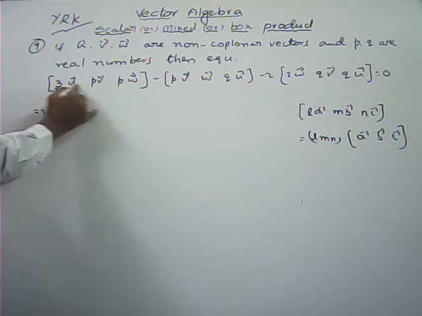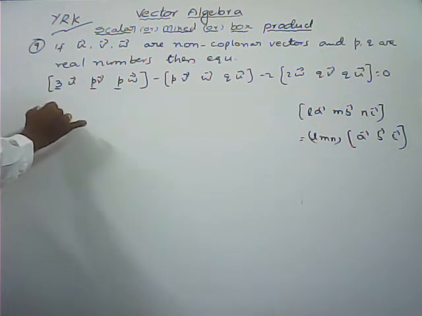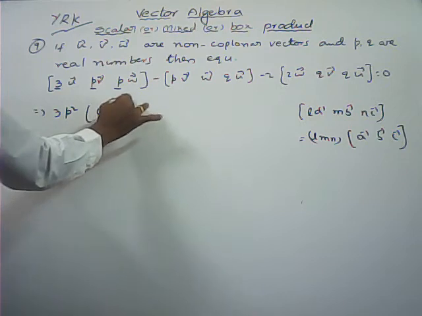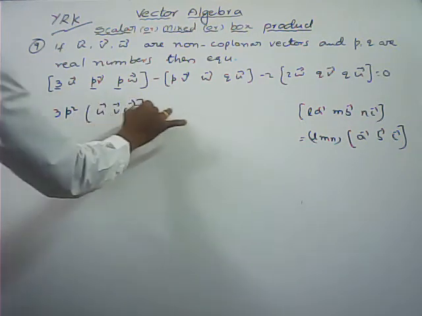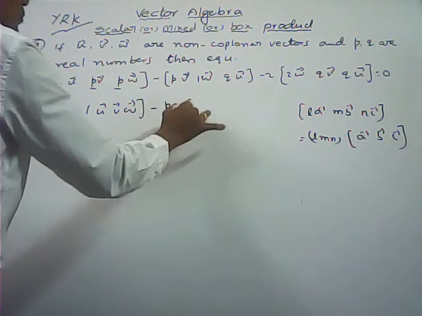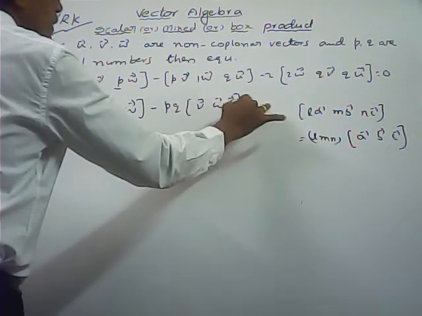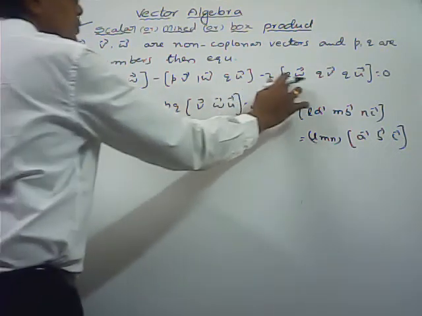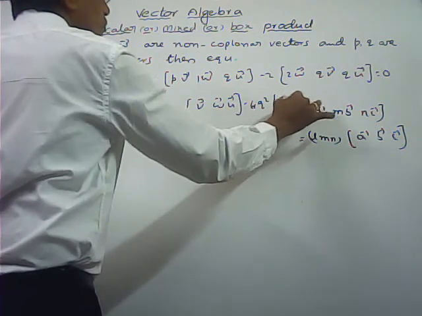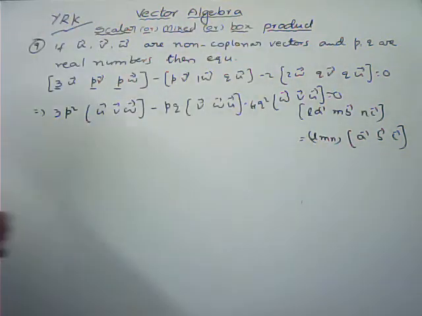Here these are the real values. So it's a box that is equal to 3p square times box UVW minus PQ box VWU minus 4 into 2q square 4q square box WVU, that is equal to 0.